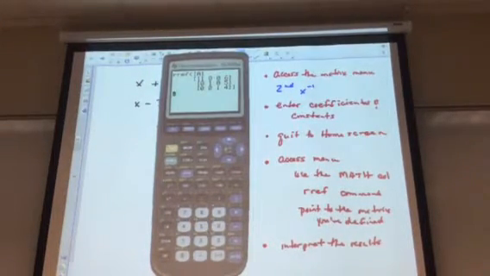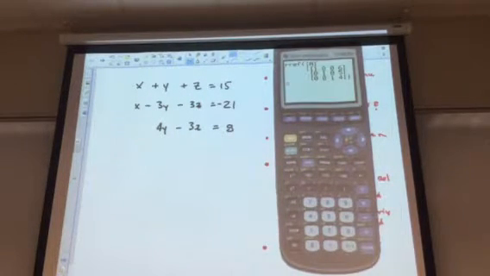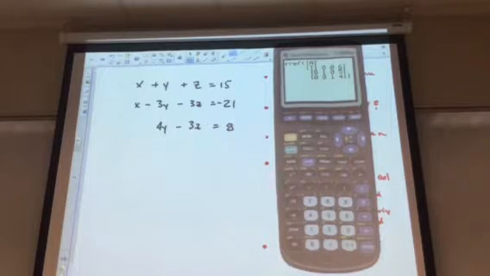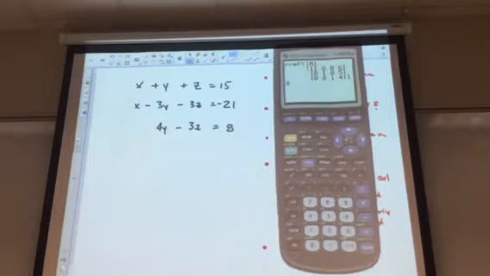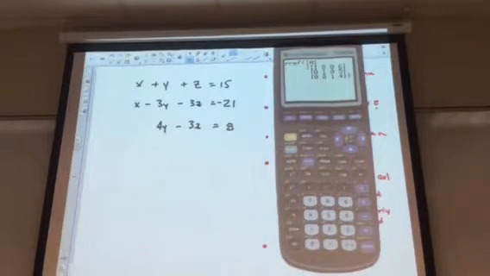Now what it's dumped out for me is something that I have to be able to interpret. It puts an extra set of brackets in there just because it's a matrix, but really we see a bracket around each row as part of the matrix. So it does things a little bit different than we would see in print, but not a big deal.